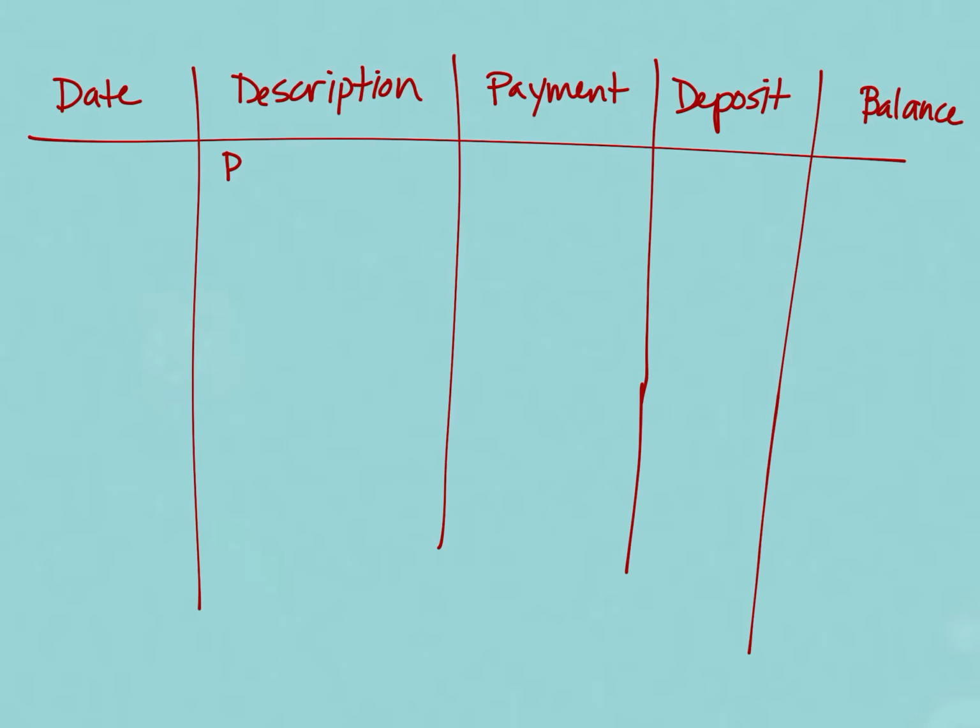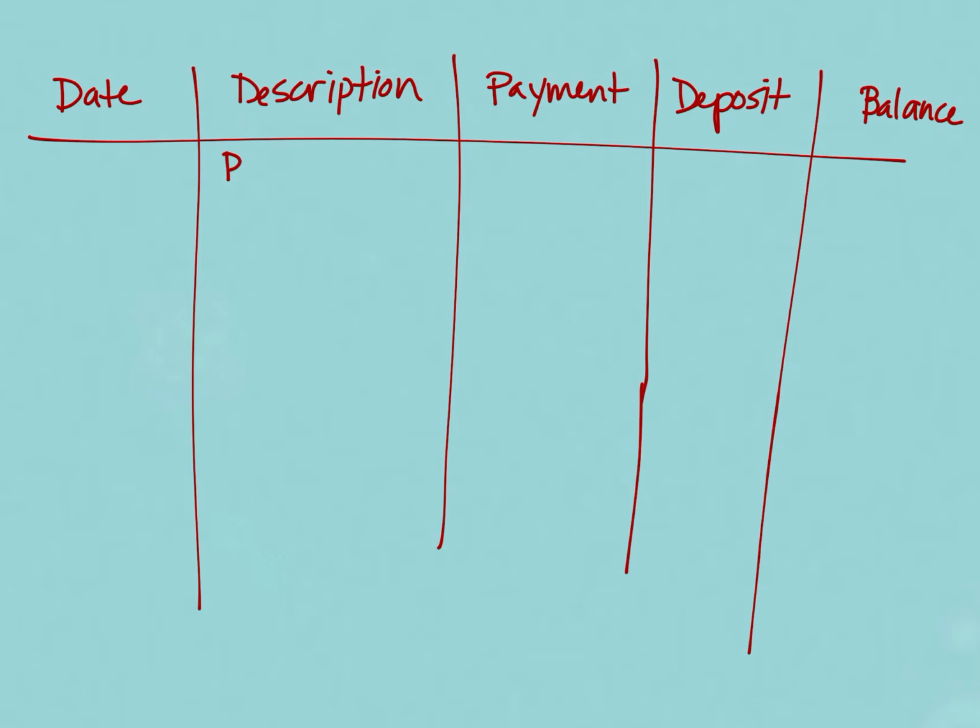So we know that their beginning balance was 3.56. And on November 1st was when they sold the tickets, so this would be dance tickets.